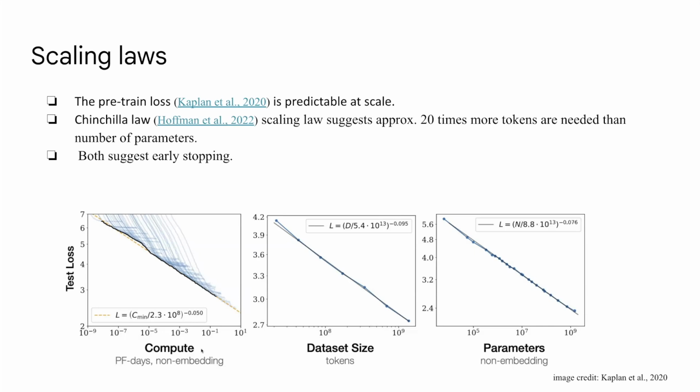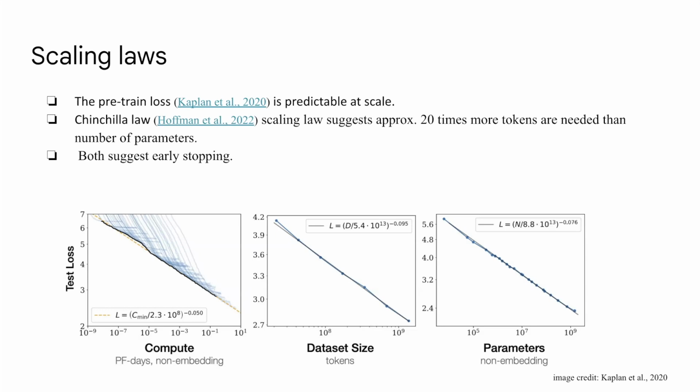Given more compute and data, you get a lower test loss, where lower is better. That's how this is all about the game of data and compute based on the scaling law.